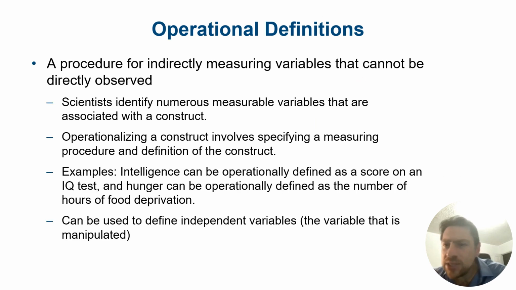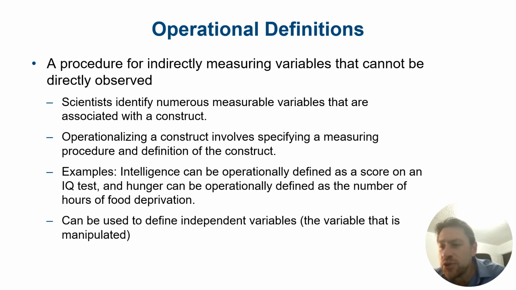All right, so as we've been discussing, constructs cannot be measured directly, but we can observe and measure the external factors and behaviors that are associated with the construct. And this is a way of measuring the construct indirectly. So typically what happens is psychologists will identify various behaviors that are thought to be related to the construct.